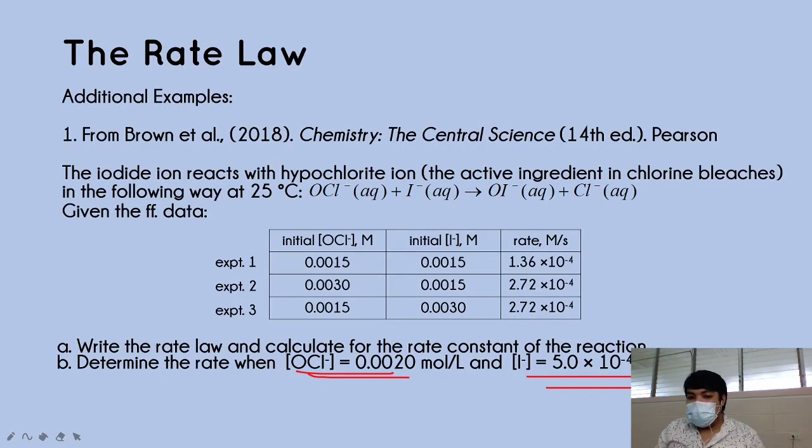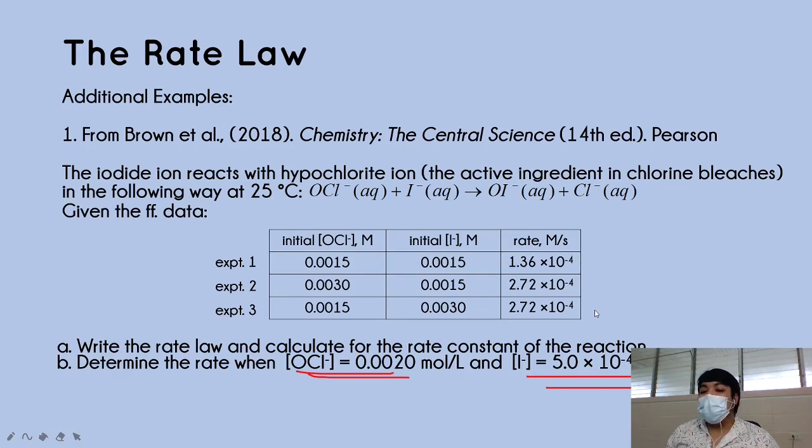We'll now examine the effects of the initial concentration of iodide. So here we compare experiments 1 and 3, since they both have the same initial concentration of hypochlorite. Now compare the initial concentration of iodide. It also increased. It was doubled from 0.0015 to 0.0030 moles per liter.